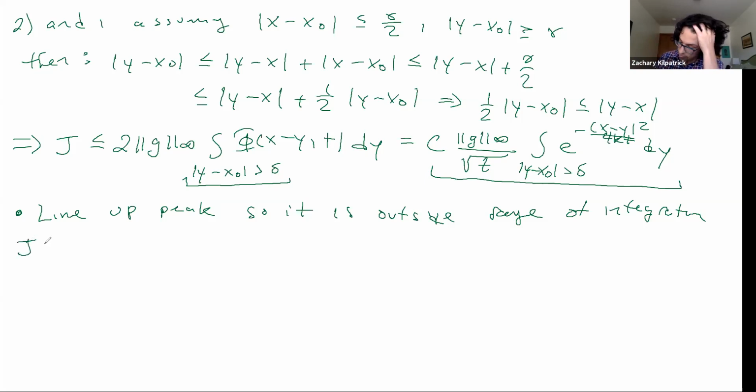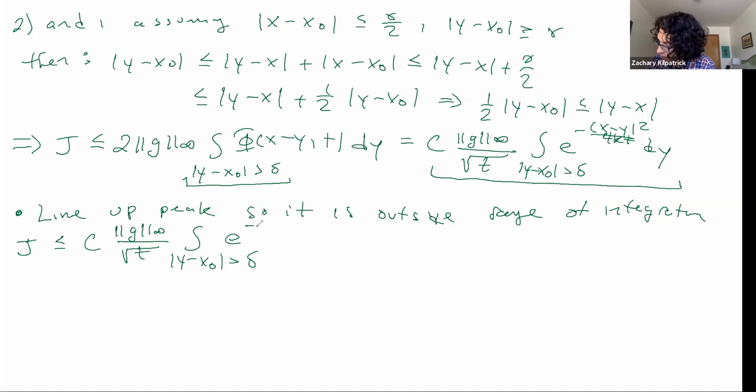So I write that now J is less than or equal to C times the maximum value of g, right? The norm of that. This integral is taken now from y minus x0 greater than delta.